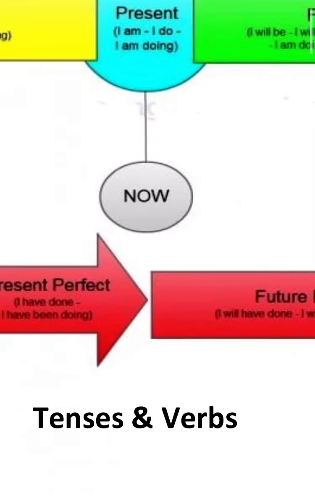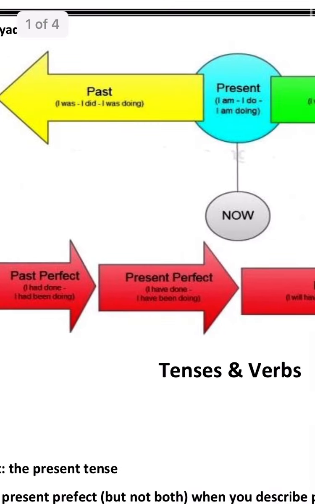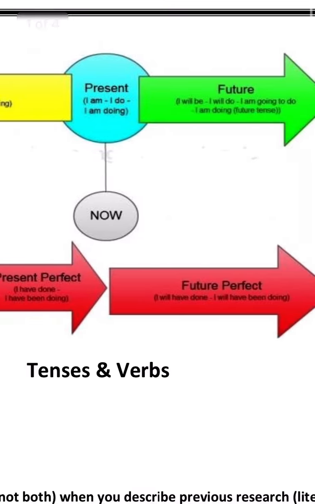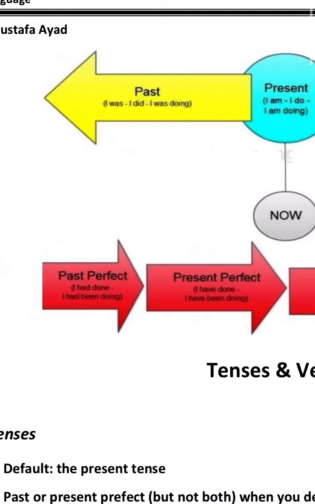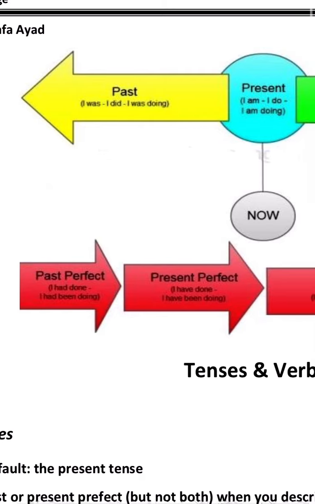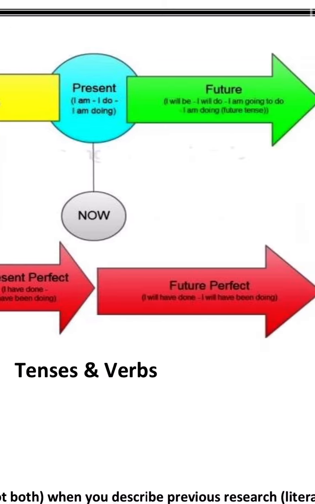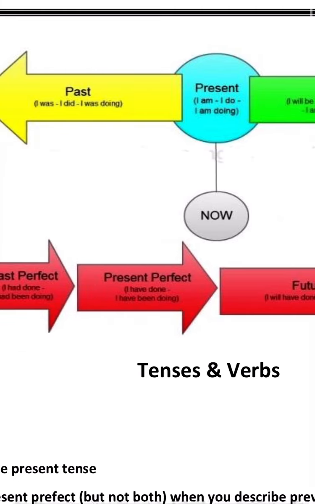And here in this picture, you can say that we have a kind of explanation, بعض التوضيح, about the type of forms. Like we have the past perfect, the present perfect, the future perfect. What does perfect mean? يعني تام. Of course, in every tense there is perfect.